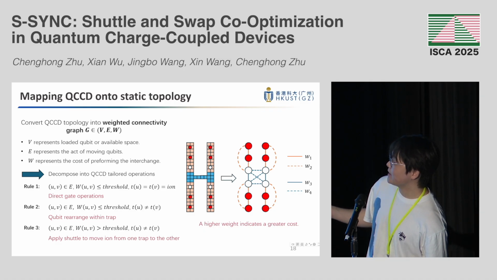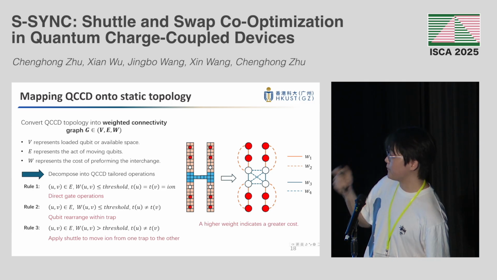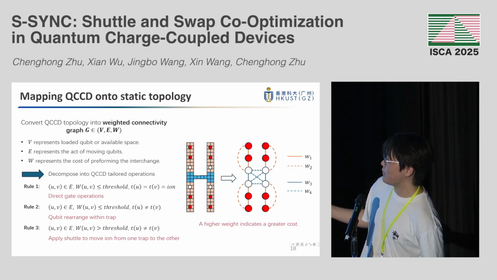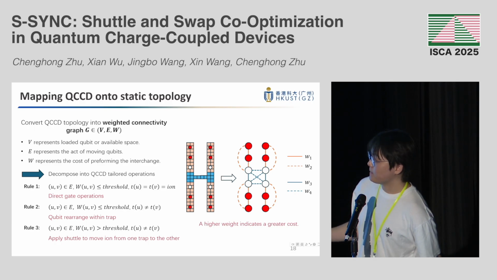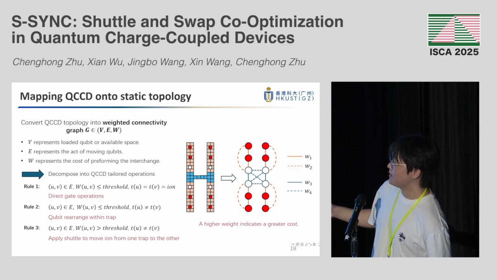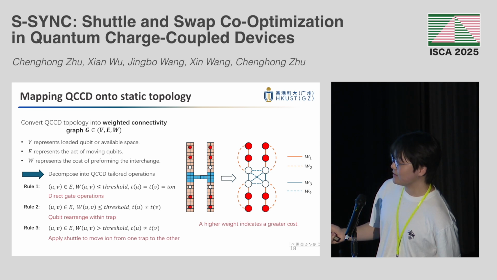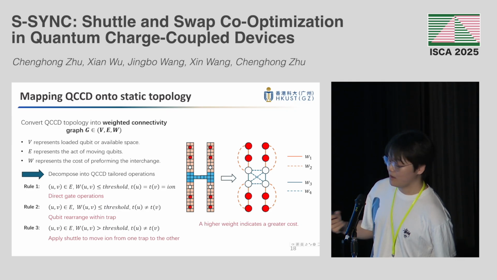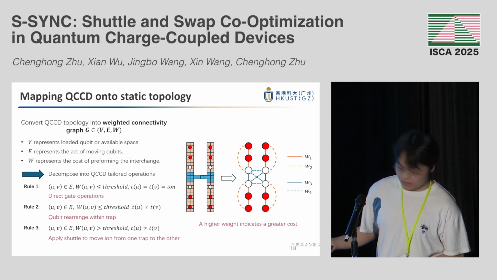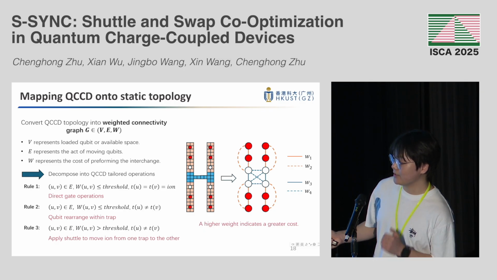The connected edges represent operations that can be done to either swap the ions or shuttle the ions from one trap to another. The dashed lines and solid lines represent the cost incurred when applying these operations. We typically set the shuttle operations to have a higher cost than the swap operations. And here are some rules for us to determine which operations to apply.